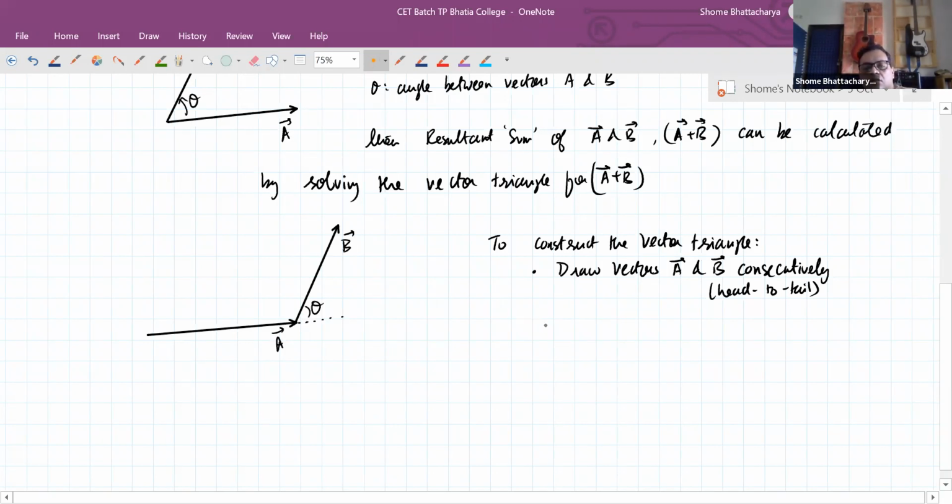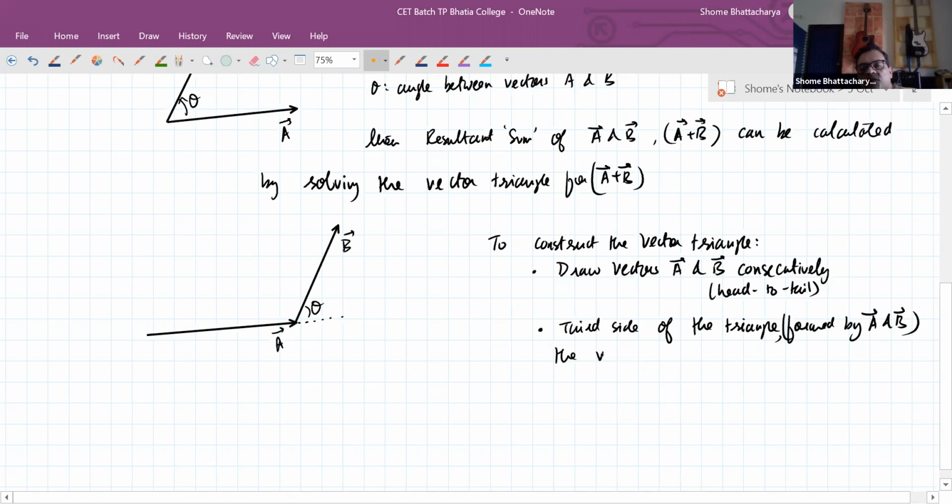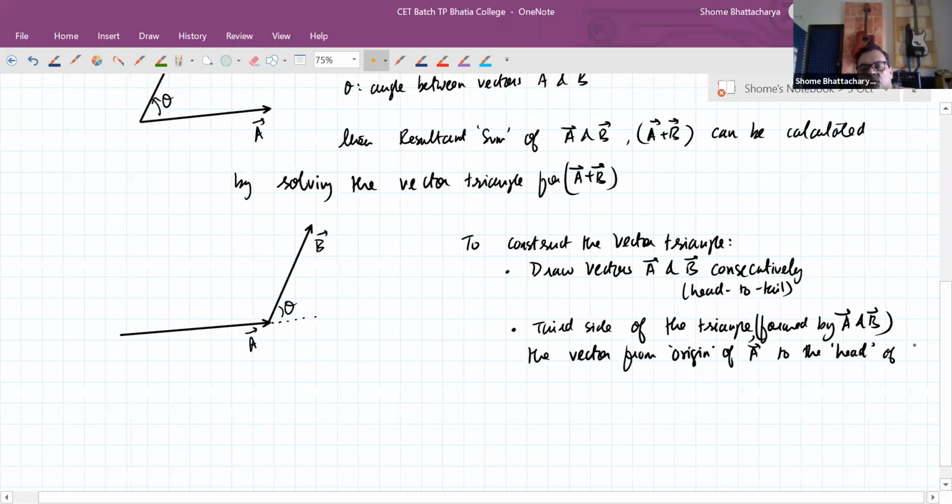Then the third side of the triangle formed by A and B, that is the vector from the origin of A to the head of B, becomes the resultant sum.